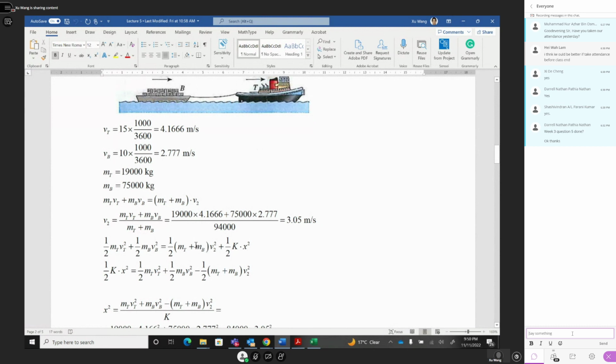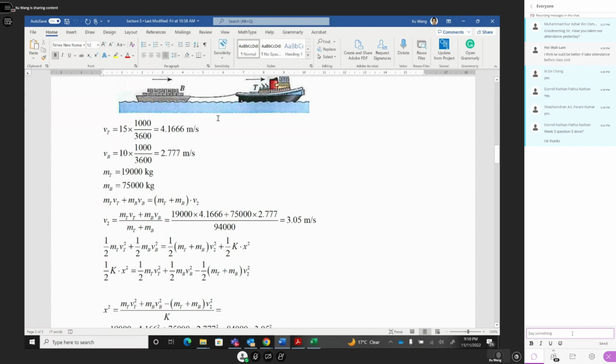That's the total kinetic energy. And don't forget, because this has a cable with a stiffness, you have this spring with a potential energy, half K multiplied by the maximum deformation X squared. Okay, so at the beginning, before you reach maximum stretch, they are pretty loose. They are not deformed at all.